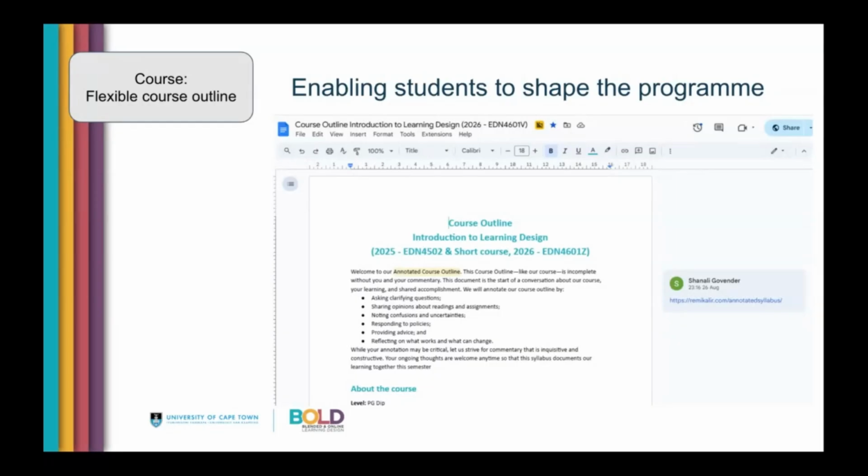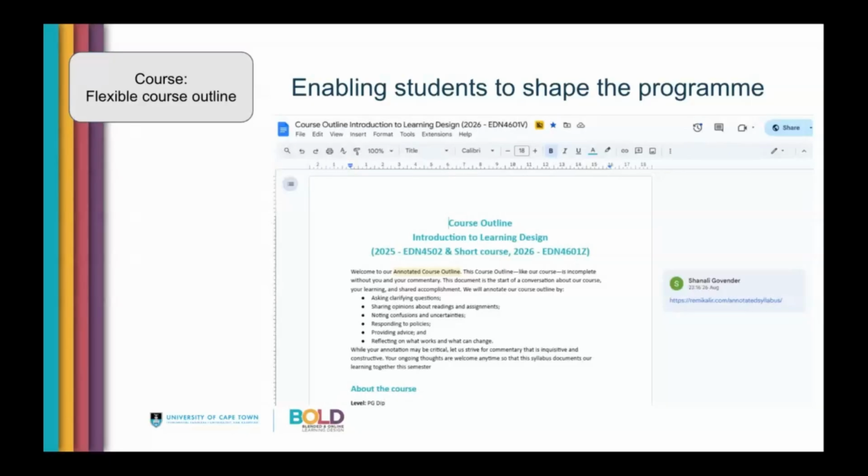When they start off, we show them the course outline, and on the course outline, they can already come and make comments, they can participate, and so we try to put the backwards design, we almost flip it on its head again. So really thinking through what are the learning objectives and outcomes that our students need to reach, or that we want them to reach, and then we ask them how do we get there together.